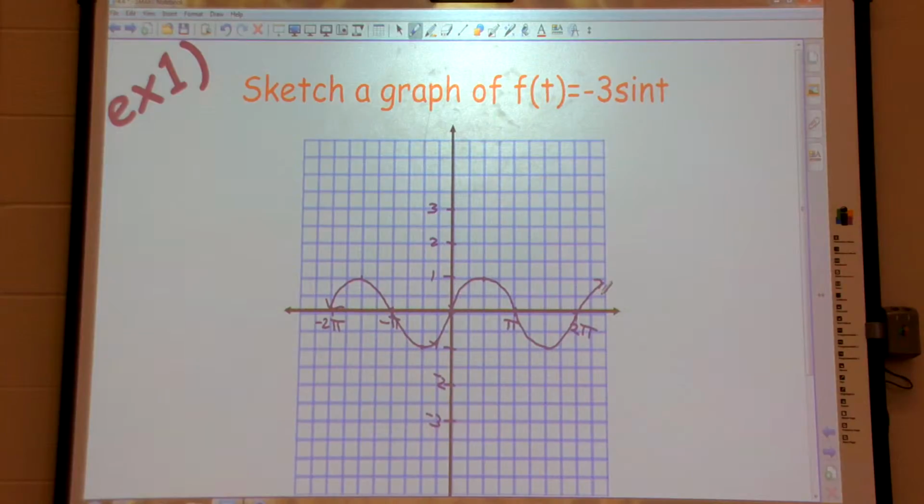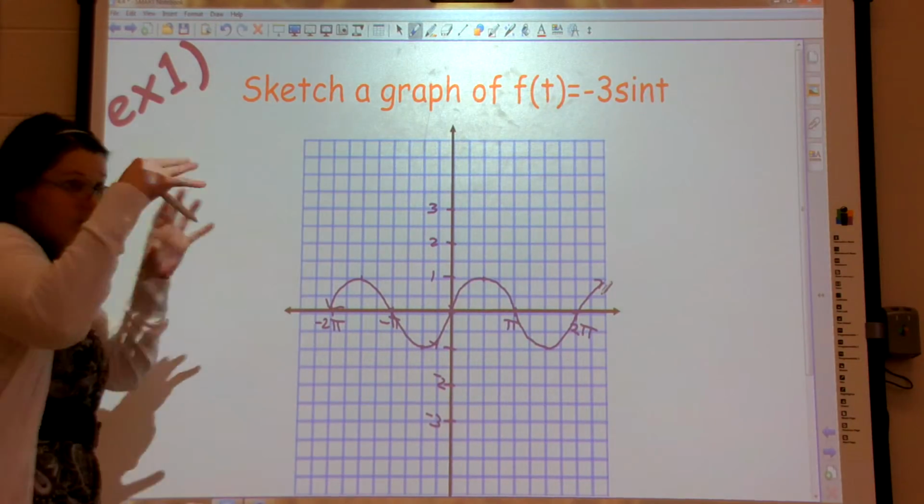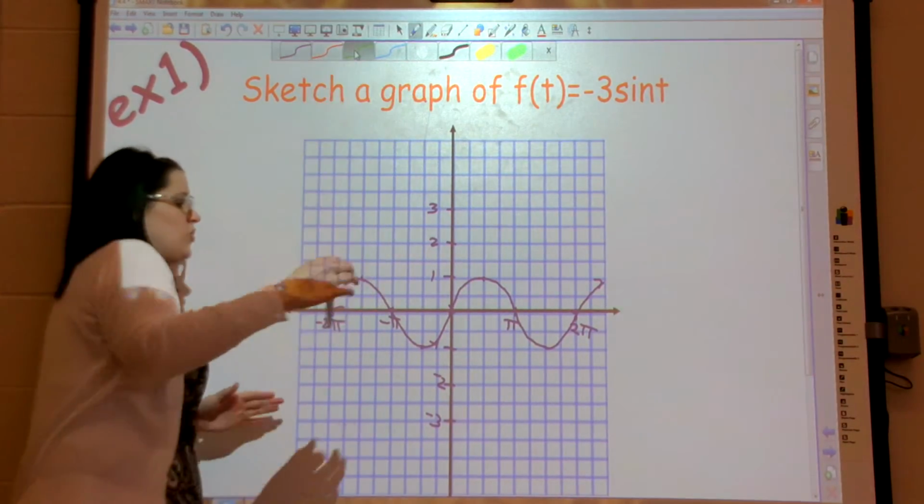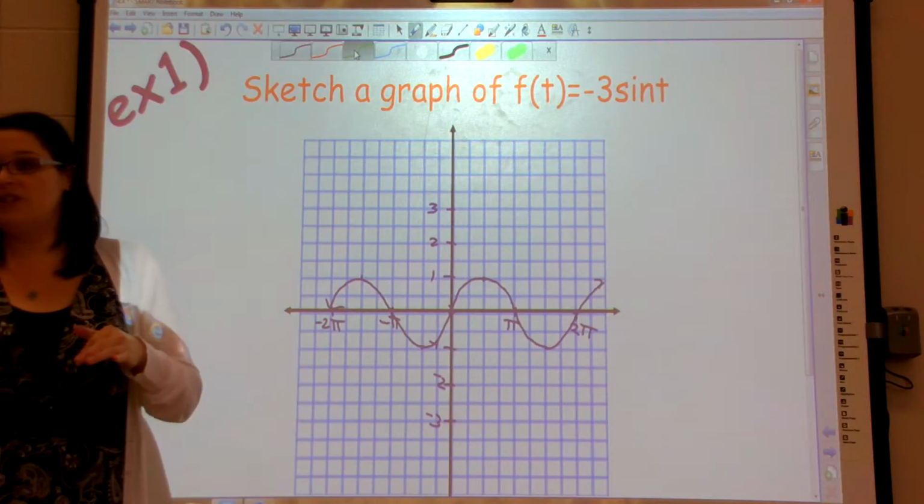Okay. Now, the question is, I have to stretch and reflect. Which one do I do first? I'm going to reflect first. If I reflect, it's still going to be tiny. Then I'm going to stretch. So what we're going to do is reflect. Now when I reflect, is that going to change my zeros?